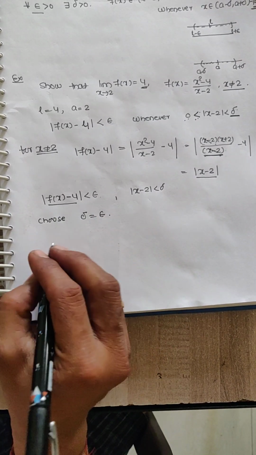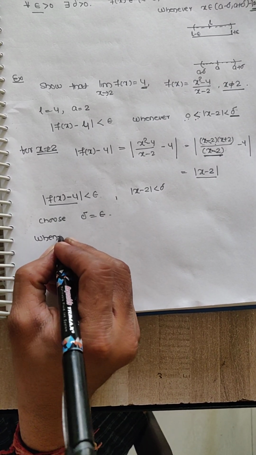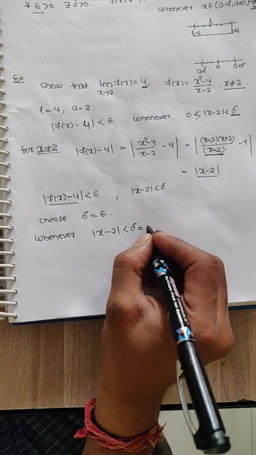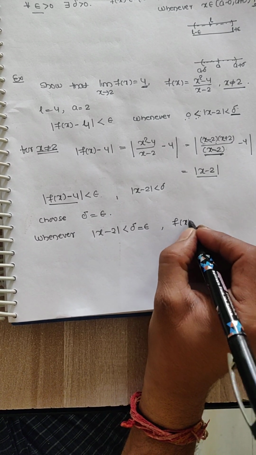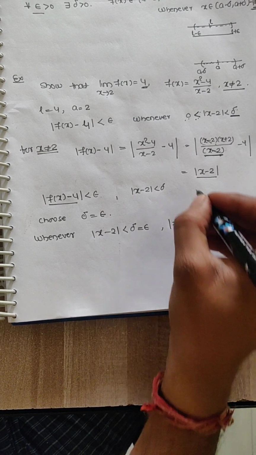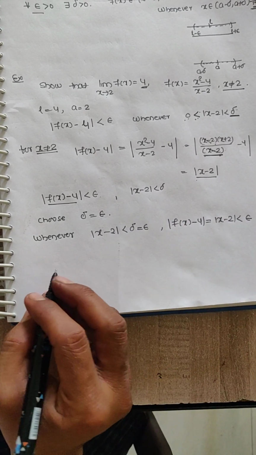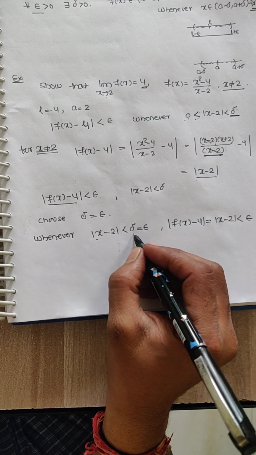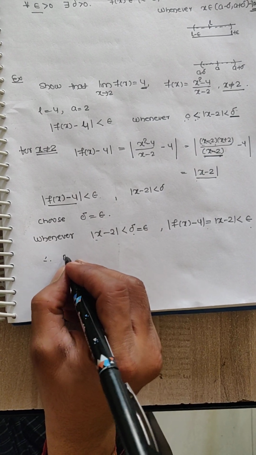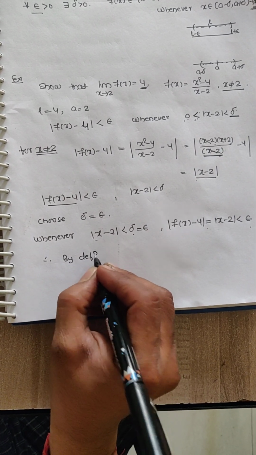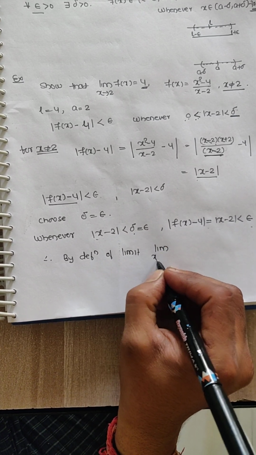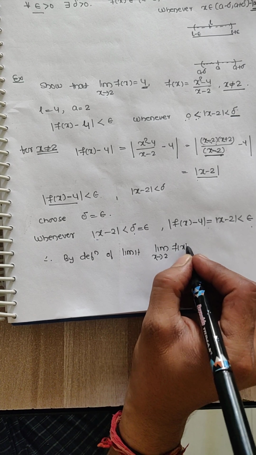Whenever mod x minus 2 is less than delta, and delta is my epsilon, I can say that mod f(x) minus 4, which is nothing but mod x minus 2, is less than epsilon. So whenever mod x minus 2 is less than delta, mod f(x) minus 4 is less than epsilon. Hence by the definition of limit, limit x tends to 2 of f(x) is equal to 4.